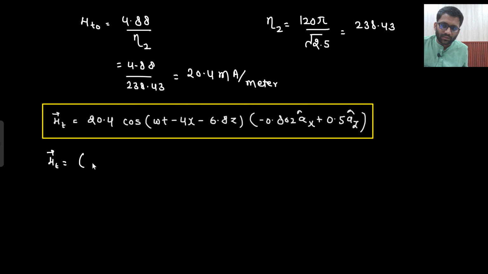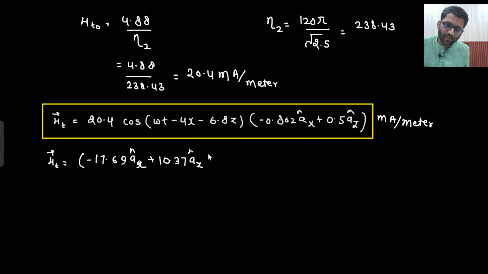Firstly this answer was in milliampere per meter. Now they can take this 20.4 inside. So 20.4 into 0.862 comes out to be 17.69 ax cap. And what about this? That would come out to be 10.37 az cap, and then cos(omega t minus 4x minus 6.8z).